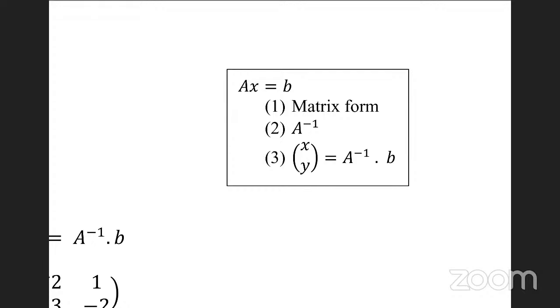Write in matrix form, find the inverse of A, and then multiply the A inverse by B. Once you do that, that will be how to solve simultaneously.